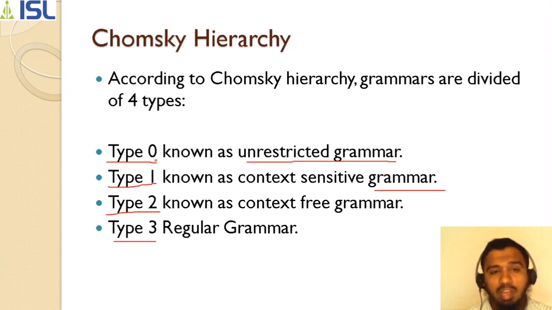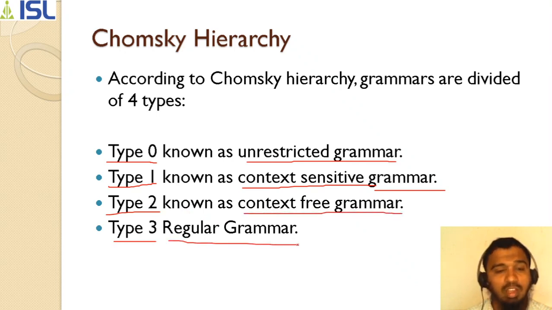Whenever we say type 0, that is unrestricted grammar. Whenever we say type 1, that is CSG, context sensitive grammar or context sensitive language. Type 2 is known as context free grammar, and type 3 is regular grammar.